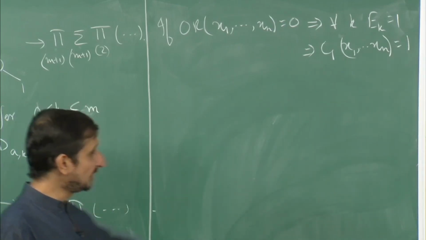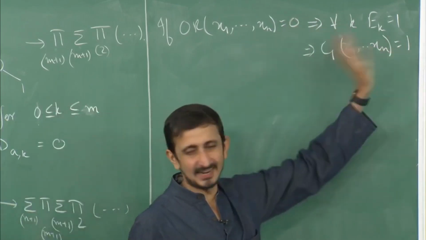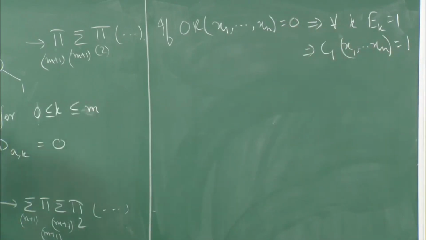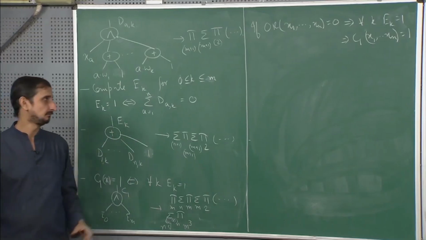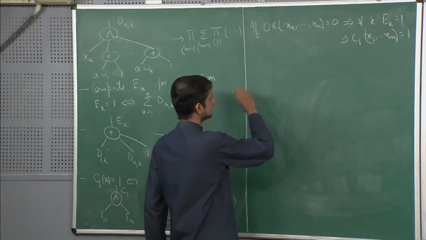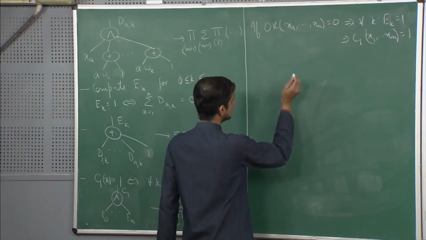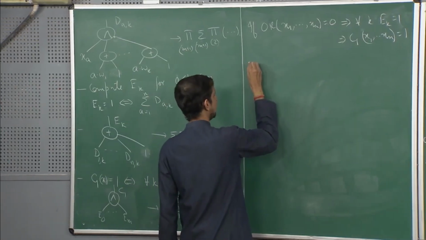So, this is actually giving the opposite answer, but that is okay, that is not a problem. I can always add an extra 1 at the end and I can fix that. But anyway, that is a minor point. Now, let us look at the other direction.